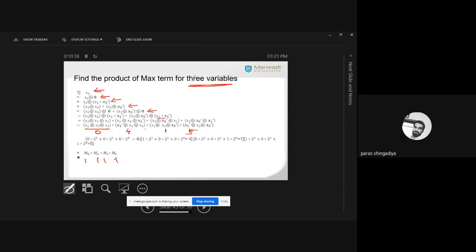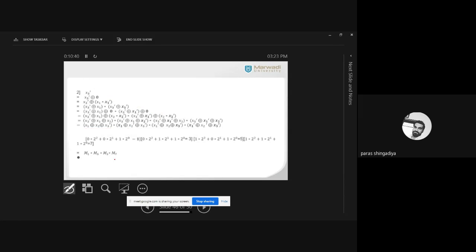Okay, and same you can check for next example. x3 dash is given, so add first 0, write a formula for x1 first, then after apply distributive law, again add 0 to both the step, again add remaining variable formula, apply the distributive law, and you will get 4 brackets, which in each of the bracket will involve the 3 variables.